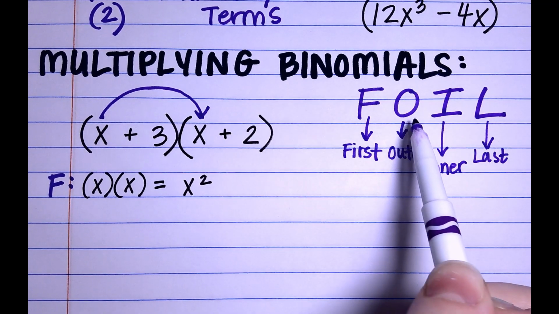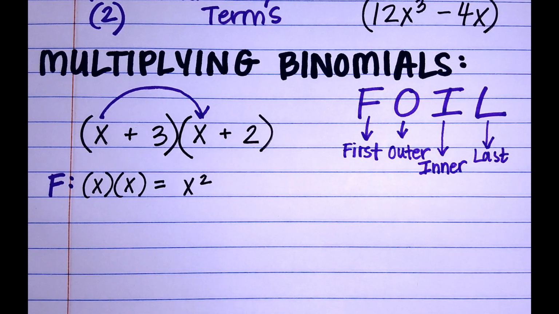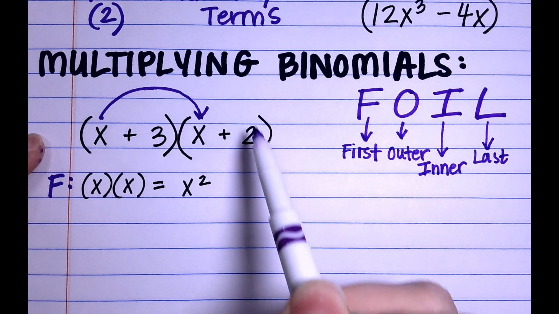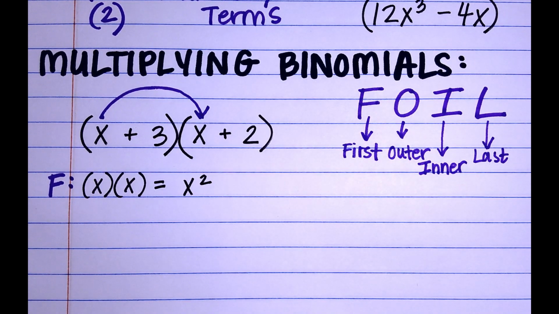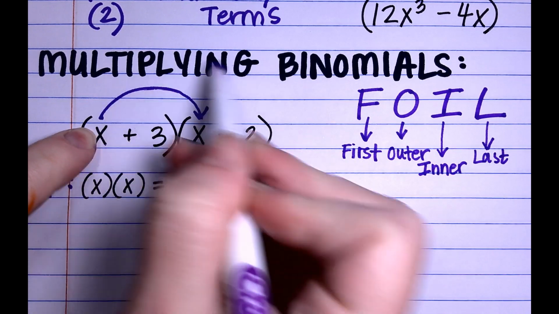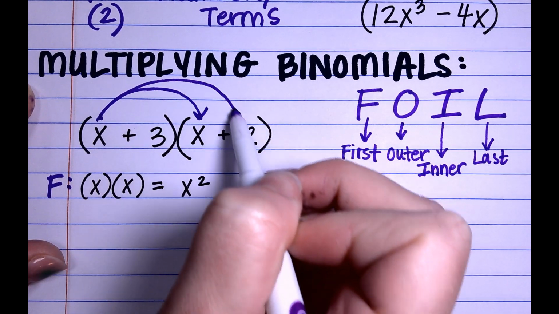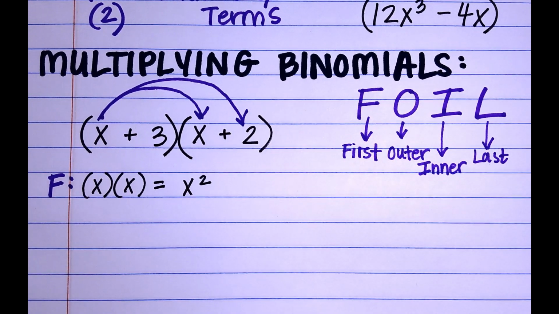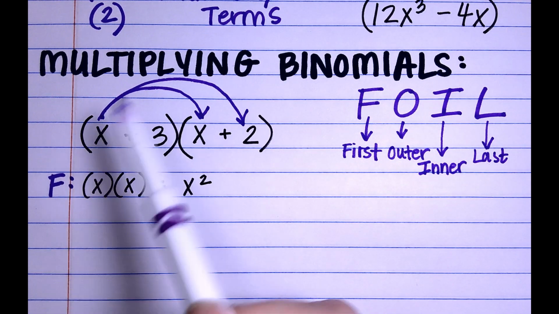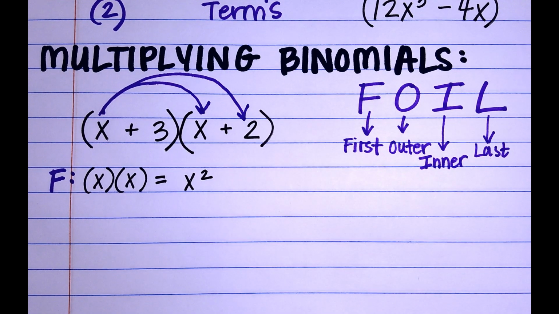Next, we're going to move to the outer terms. And that is just referring to the terms on the outside, the x and the 2. These are the outer terms. It's just like distribution though. See that?